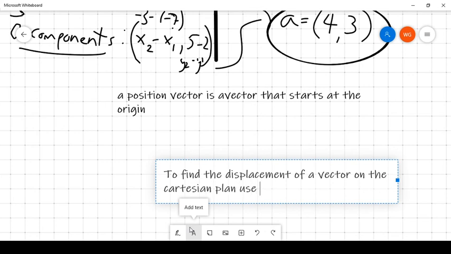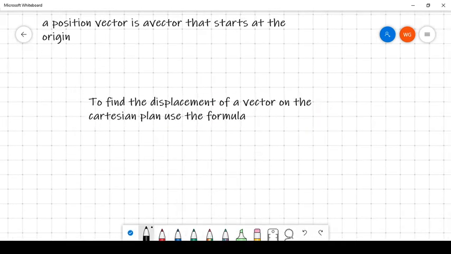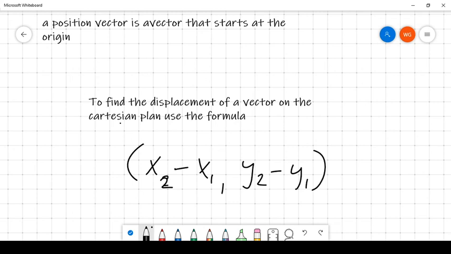Use the following formula. And I'll move this over so we can see. Okay, the formula we will be using would be x2 minus x1, comma, y2 minus y1. And that will give us the vector displacement.